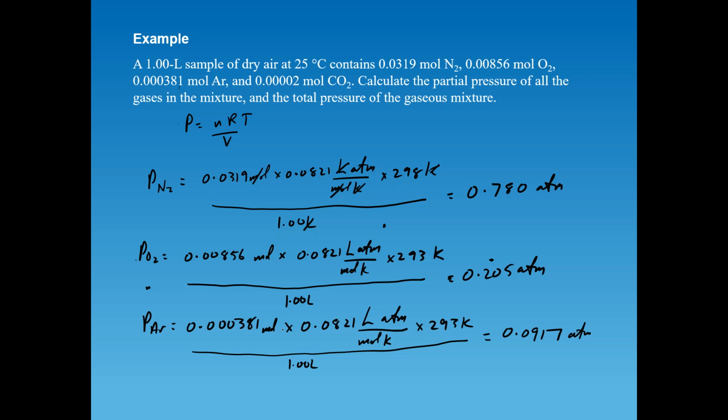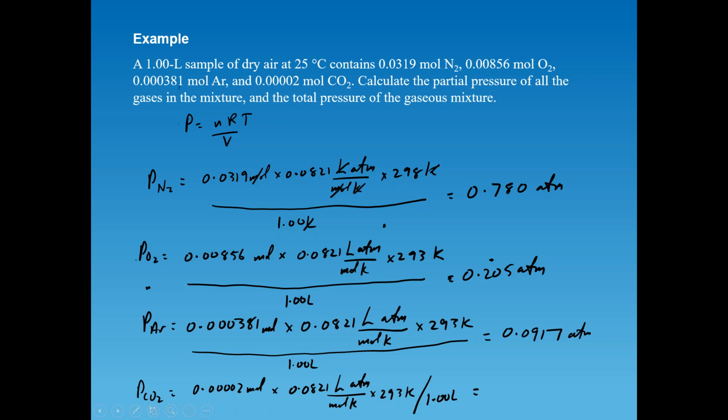And then the last gas is carbon dioxide. So the pressure of carbon dioxide would be equal to the moles, which is 0.00002 moles times 0.0821 liters atmospheres over mole Kelvin times the temperature 293 Kelvin, and all of that divided by 1.00 liters.